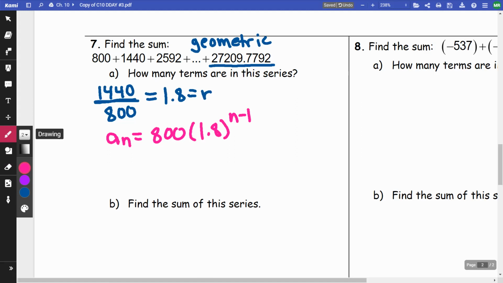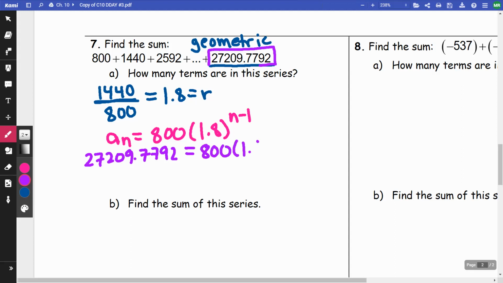Now, I want to figure out what term that one is. When I say that one, I mean this one right here. So I'm going to substitute that in for my a sub n, and I'm going to have 800 times 1.8 to the n minus 1.